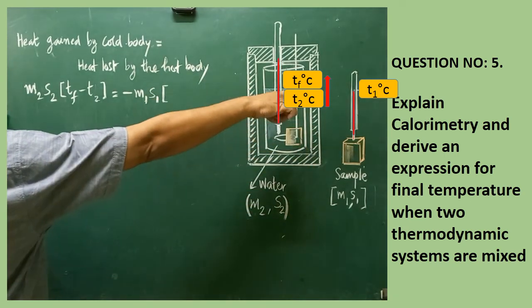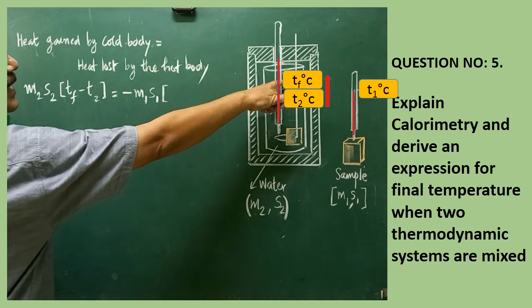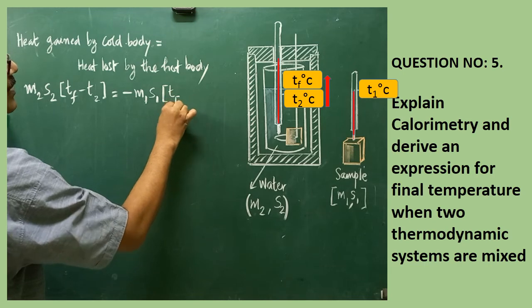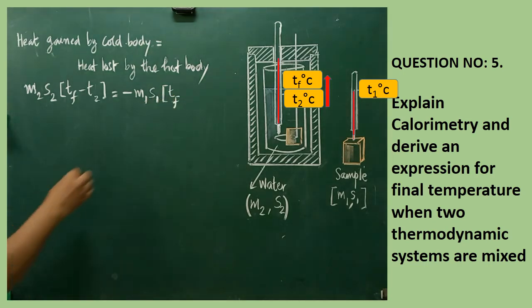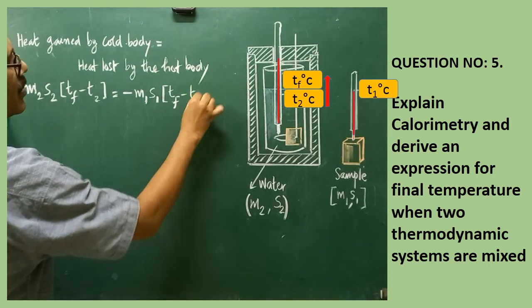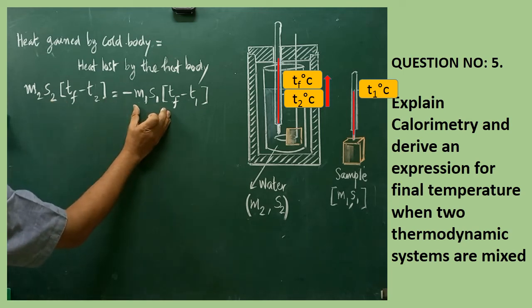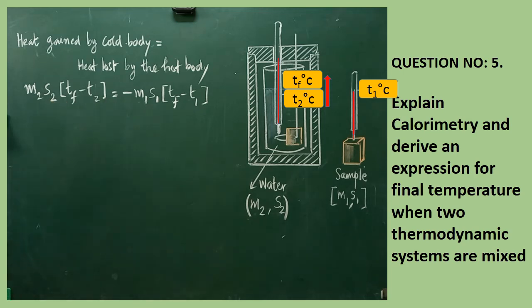Initial temperature of the sample is T1 degree Celsius, final temperature of the sample is Tf degree Celsius. Therefore, the difference in temperature is Tf minus T1. So this portion gives the heat gained by the cold body, and this portion gives the heat lost by the hot body. Our aim is to get the formula for Tf.